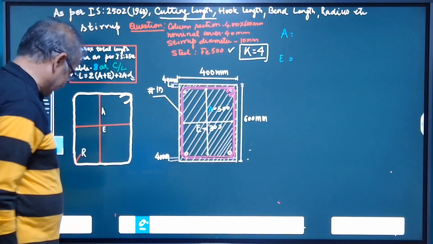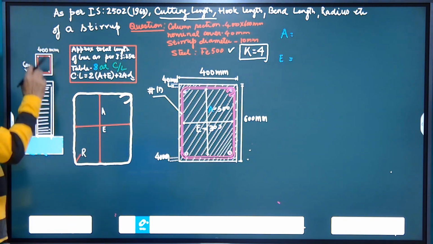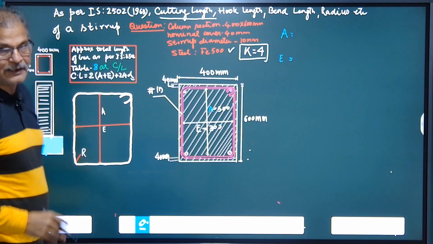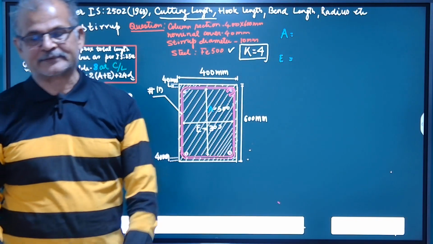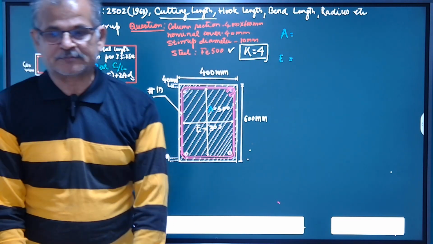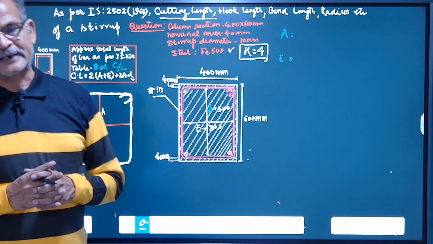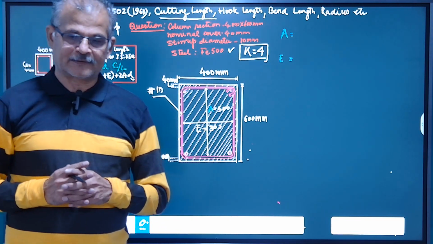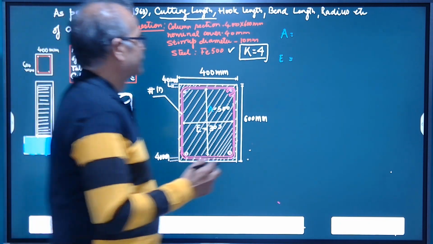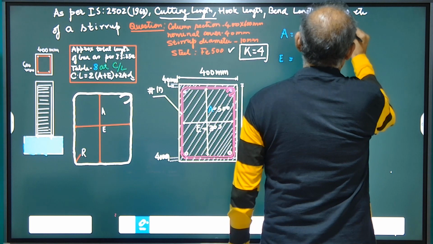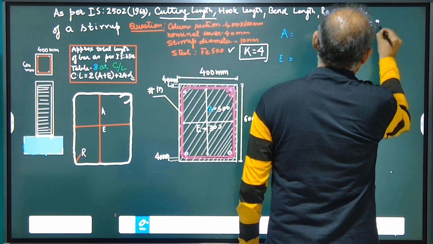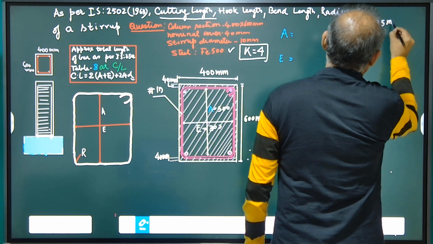So this is a schematic column, and the cross section of the column is 400 by 600 mm, and cover is 40 mm, and the diameter used in making the stirrup is 10 mm, and the steel of the reinforcement bar is Fe 500. If it is Fe 500, then we know that the value of K will be 4 for bars less than or equal to 25 mm dia, high strength deformed bar.